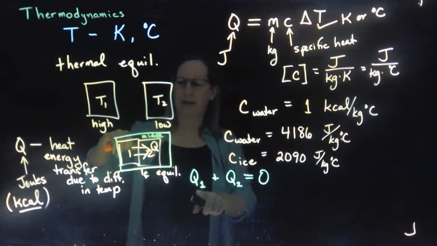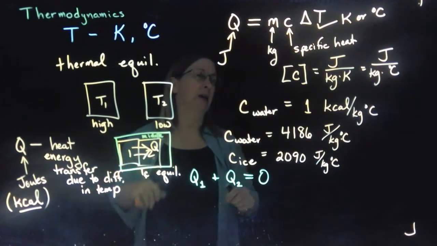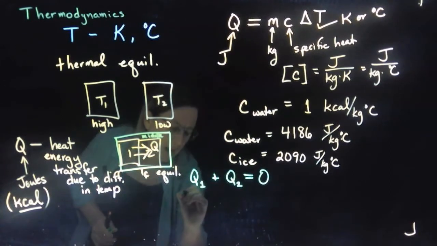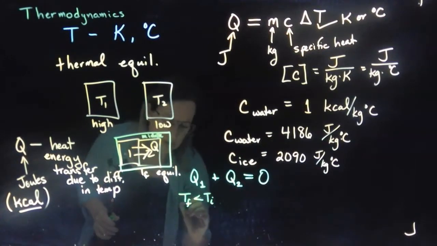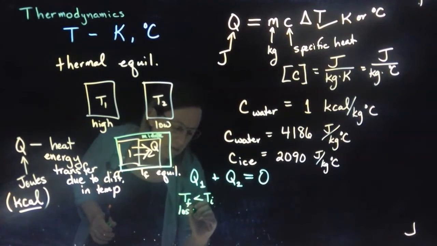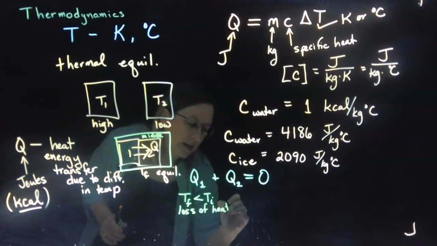Q1 would be losing energy, right? Q1 would have T final less than T initial, so it has a loss of heat, so that would be negative.